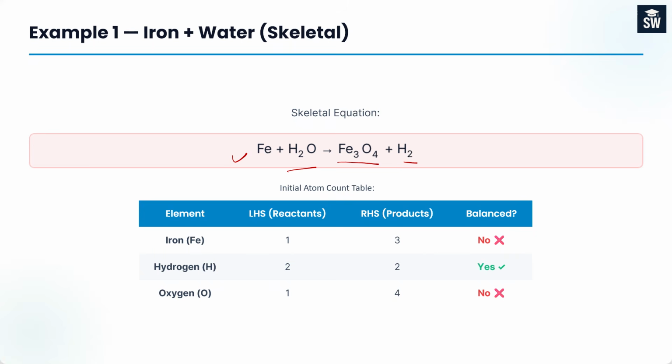Iron, Fe: the number of atoms on the left-hand side is 1, on the right-hand side is 3, so it is not balanced. Number two, hydrogen: on the left-hand side you will get 2, and on the right-hand side 2, so this is balanced. But oxygen is 1 on the left-hand side and 4 on the right-hand side, so this is not balanced.